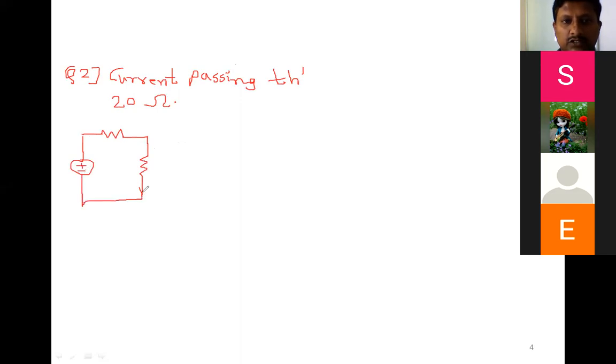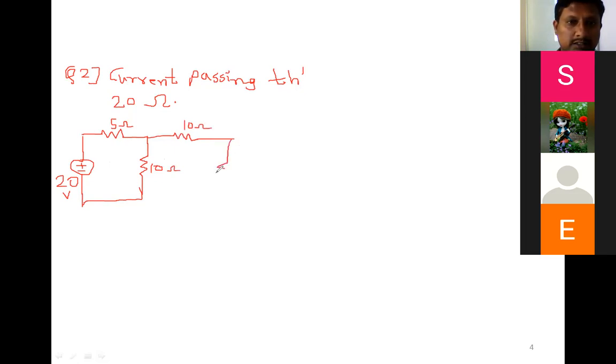All are DC sources because they have fixed values. This voltage source is 20 volt. This resistor is 5 ohm. Next, this resistor will be 10 ohm. This will be 10 ohm.